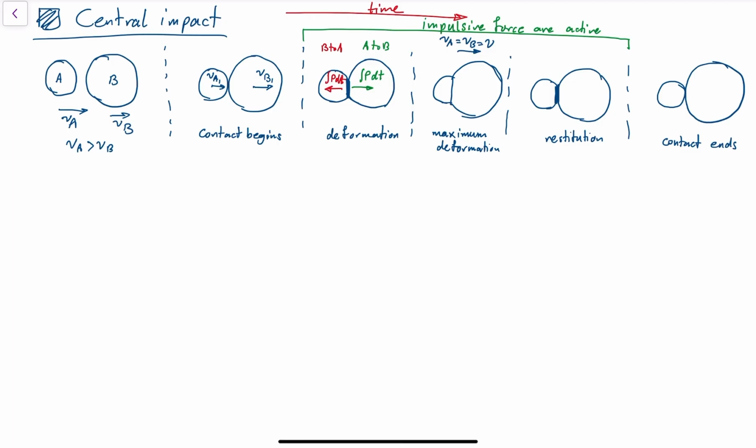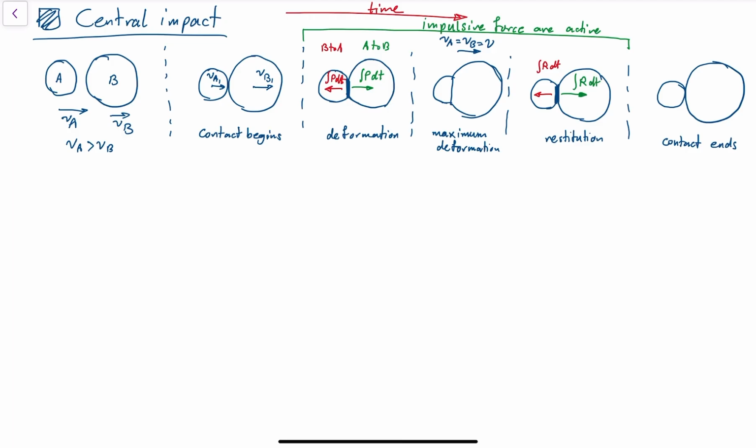Now body A is going to push body B out. So let's call this R dt. R is a restitution force. And body B is going to create an equal but opposite impulse, R dt, in the opposite direction. Body B starts to be pushed forward, gaining speed.